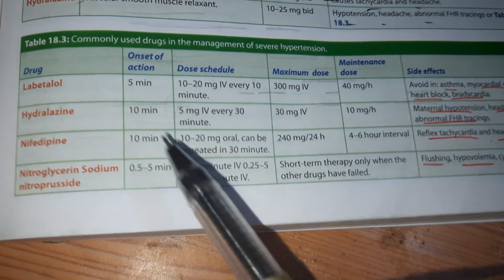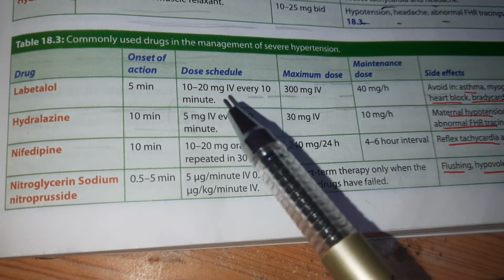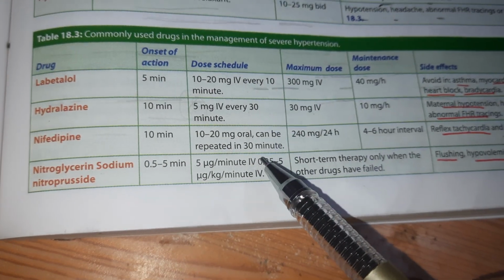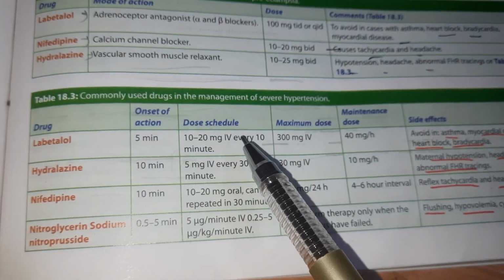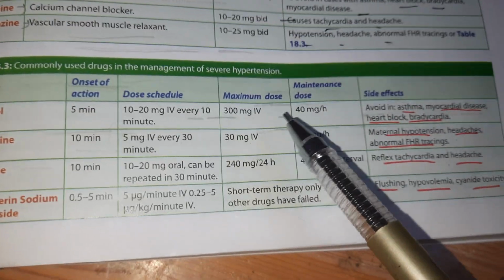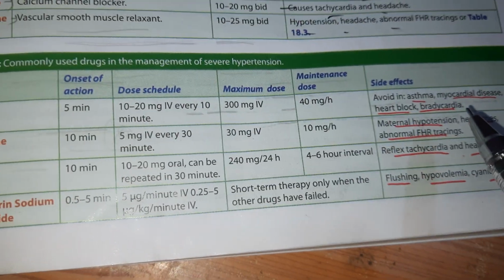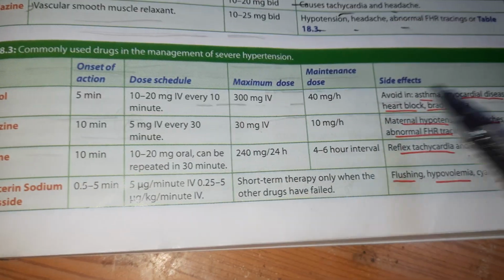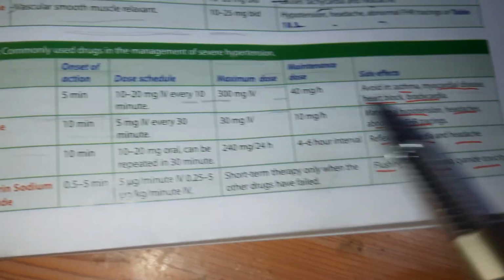The onset of action is 5 minutes, and they are very short acting. These drugs are used IV in the management of severe hypertension. The dose is 10 to 20 mg IV every 10 minutes up to a maximum dose, and labetalol is avoided in asthma, myocardial disease, heart block, and bradycardia, as we have already said.